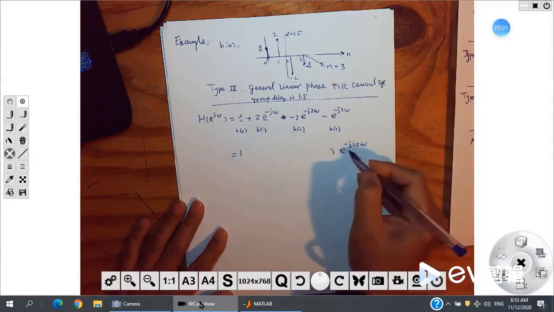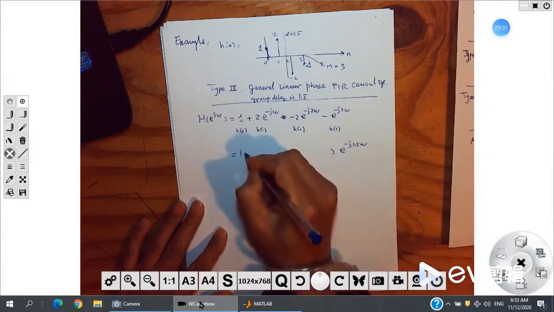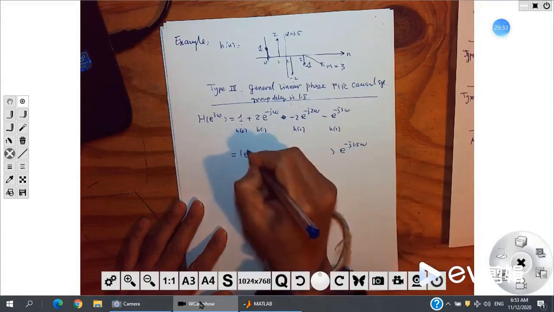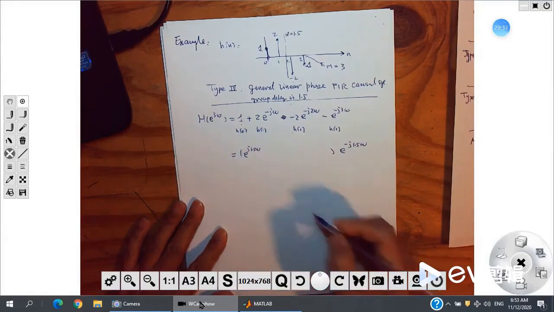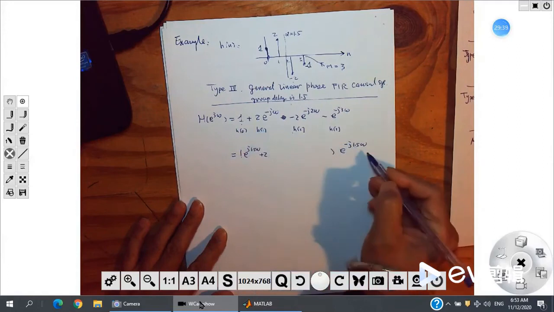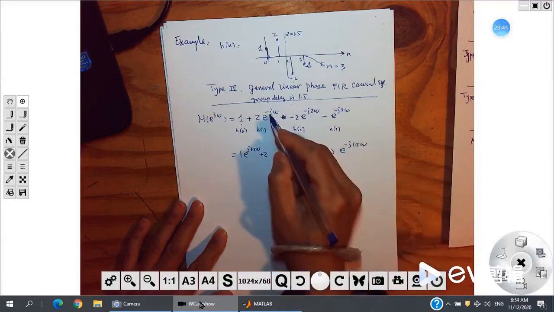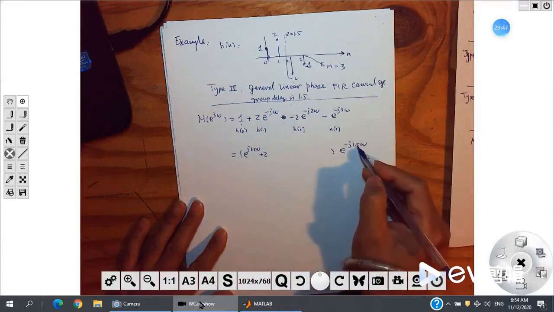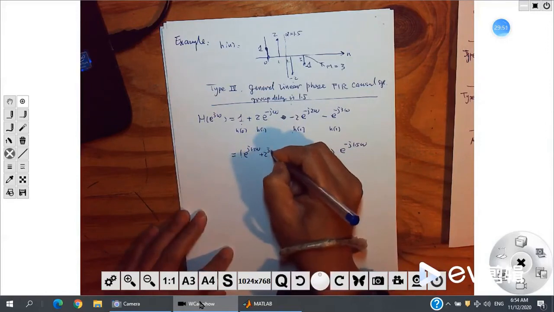After you remove this out, inside this term you have this one left, so this is a positive j times 1.5 ω. In the second term, you remove 1.5 out, so you need 0.5, so here is j times 0.5 ω.